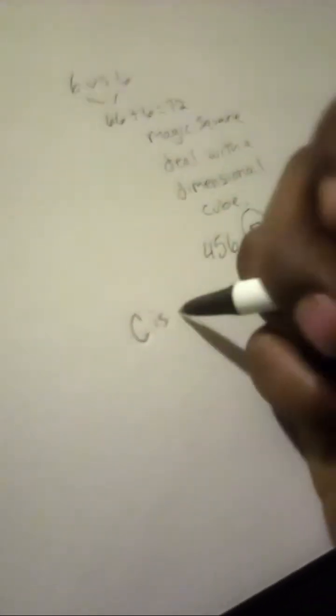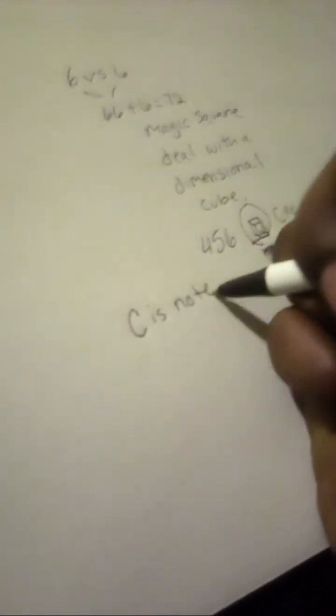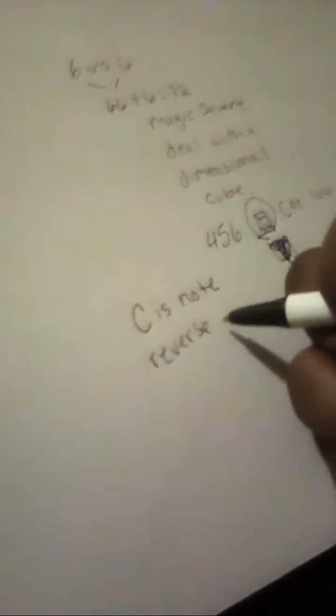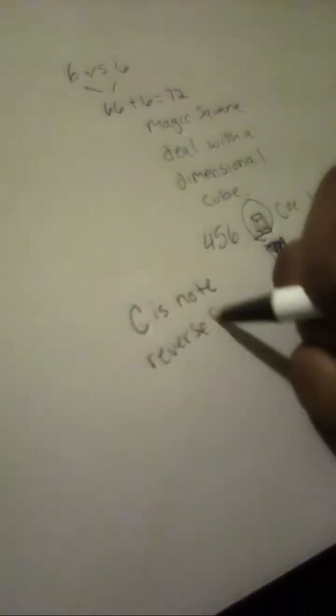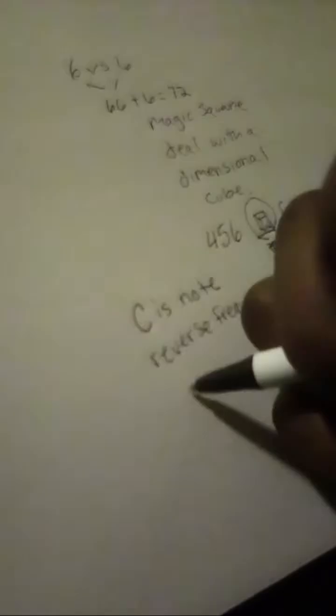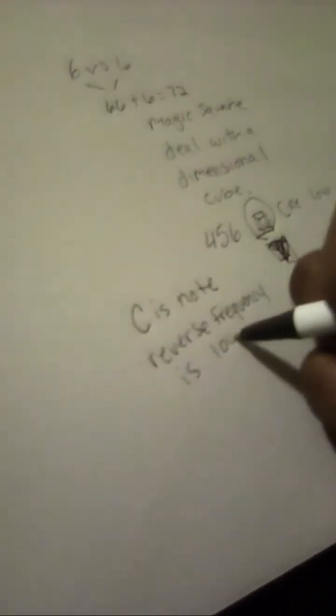But C is a note. Reverse frequency is the low, because the reverse pole shift is tying back to what I was saying about this.